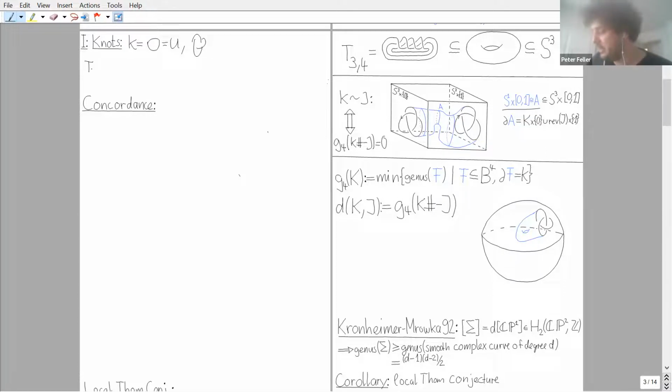And my favorite set of knots are so-called torus knots. Just to fix notation, to the left, I drew you an example of the (3,4) torus knot. But let me recall that the quickest way to say what a torus knot is: you pick complex numbers x and y, and you look at y^p minus x^q, and you set that equal to 0.